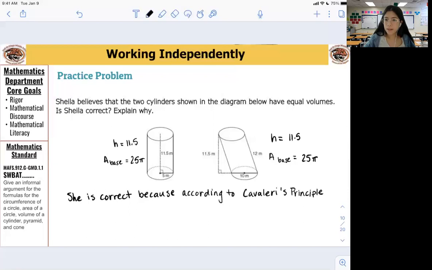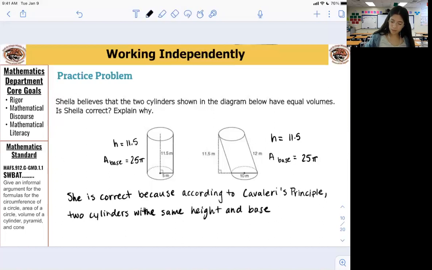So I'll pick on Tyrone since he put it in public. According to Cavalieri's principle, two cylinders with the same height and base will have equal volumes.